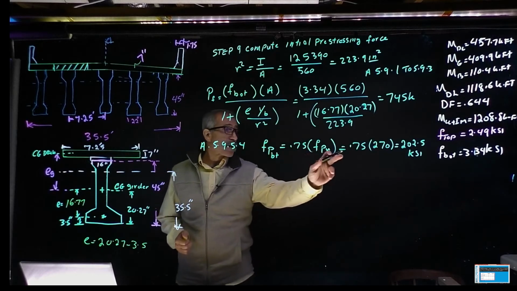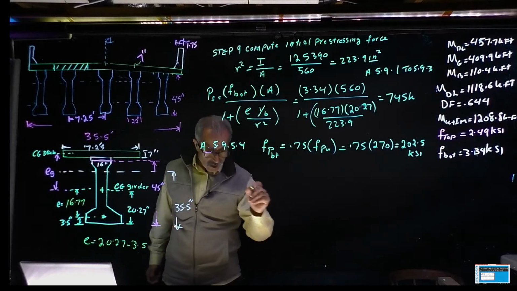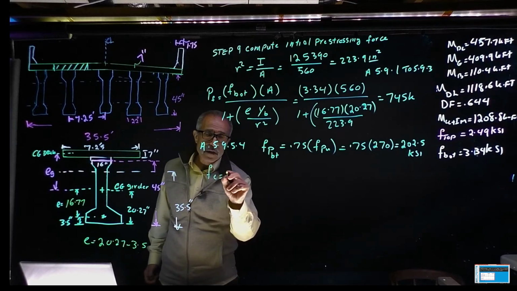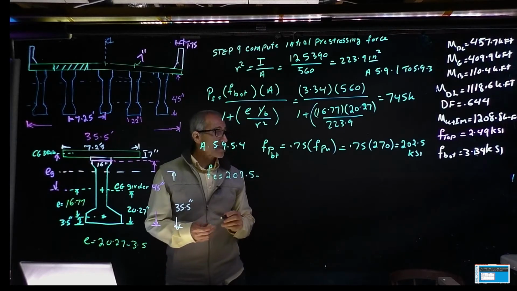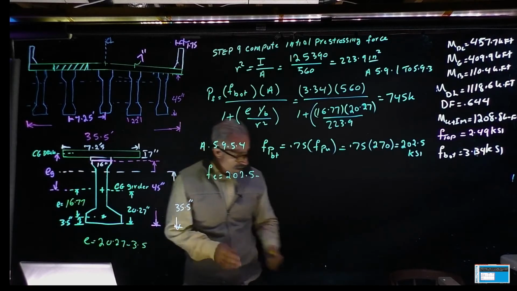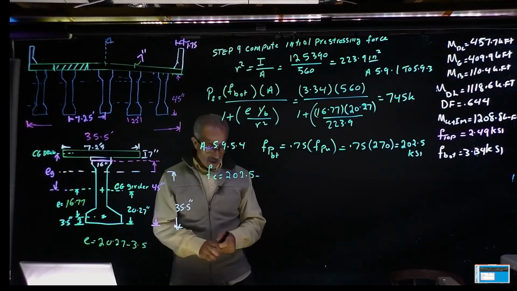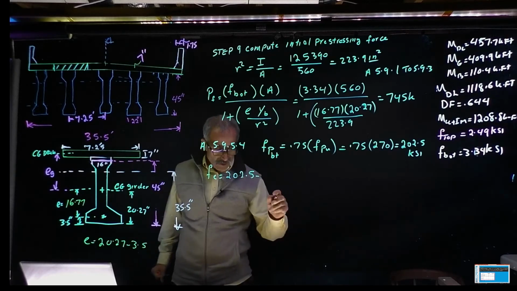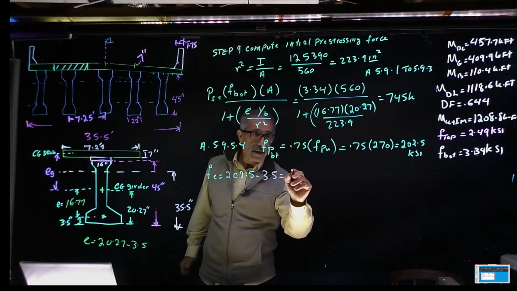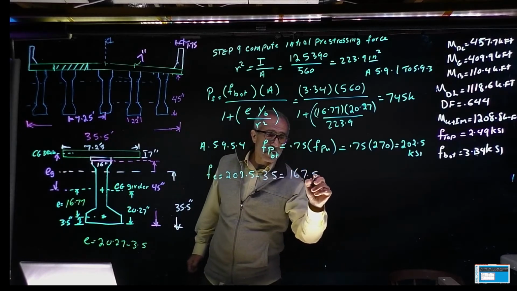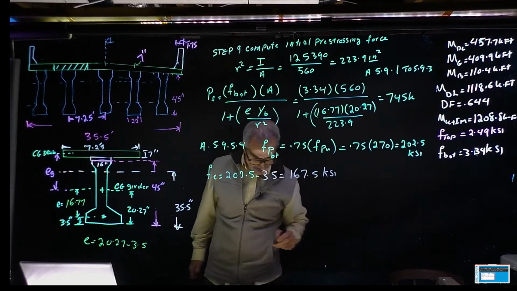So we had 202.5. We're going to say, all right, our F_pe is 202.5 minus 35 KSI that's recommended, and that's going to come out to 167.5 KSI.